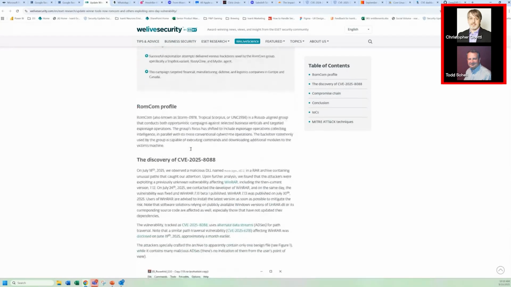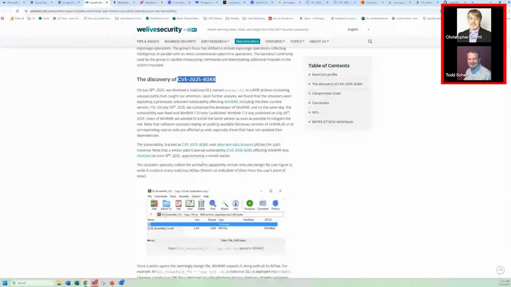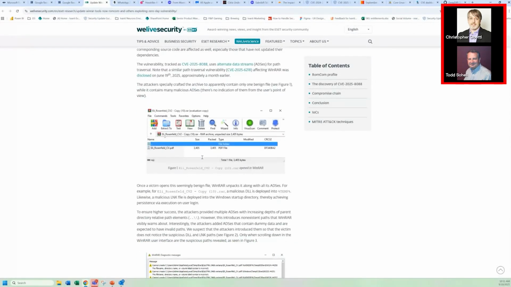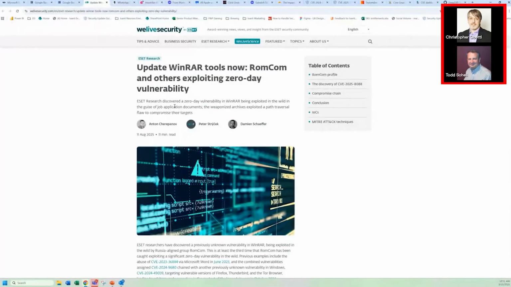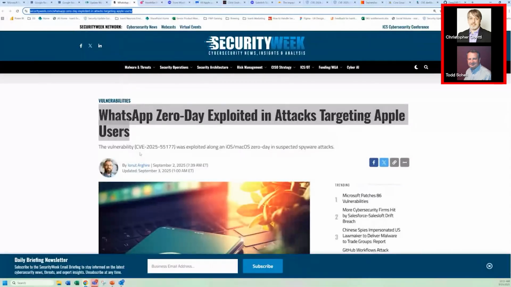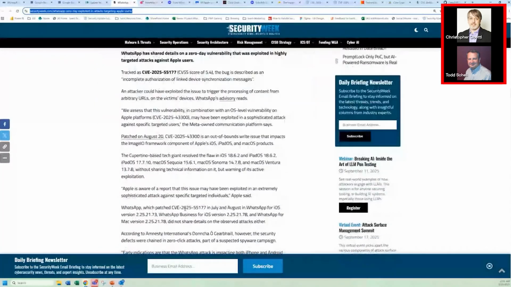There's details about the CVE that was recently resolved and information on which versions you should get up to, to make sure that you're plugging that vulnerability, which is actively being targeted by multiple threat actors now. Romcom was the first one. Since then, more have picked it up and are actively targeting it. There's also a couple of articles about the WhatsApp exploits, with details there if you need to read up on any additional information.